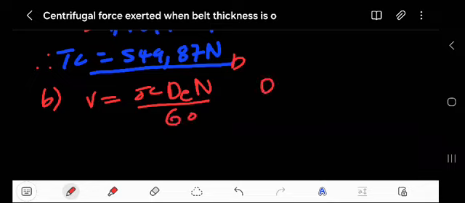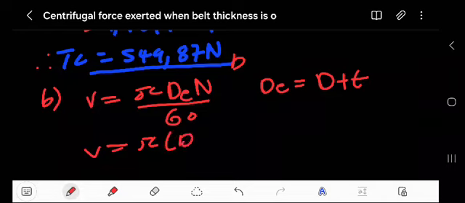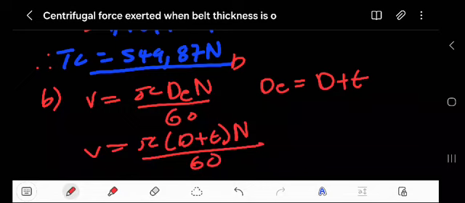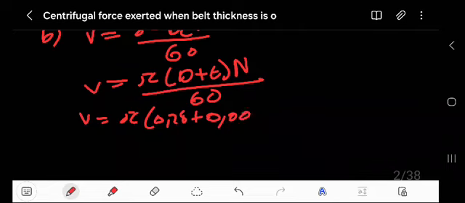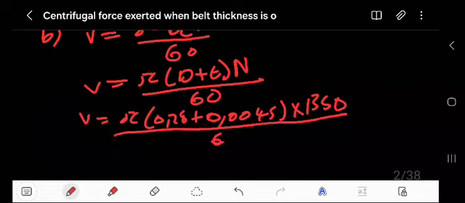The effective diameter is the diameter of the pulley plus the thickness. So V is pi multiplied by 0.28 plus 0.0045, multiplied by 1350, divided by 60.